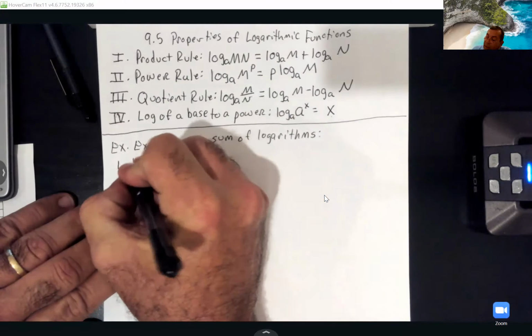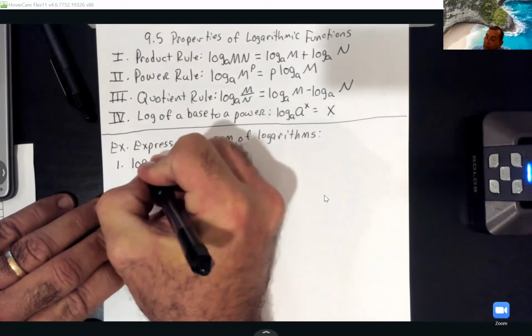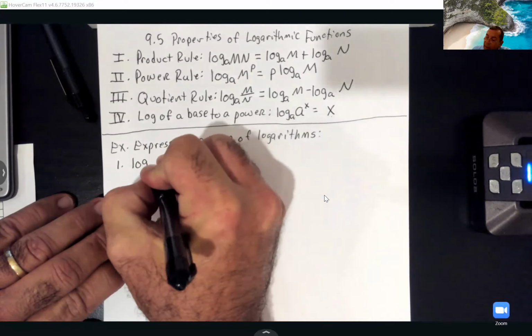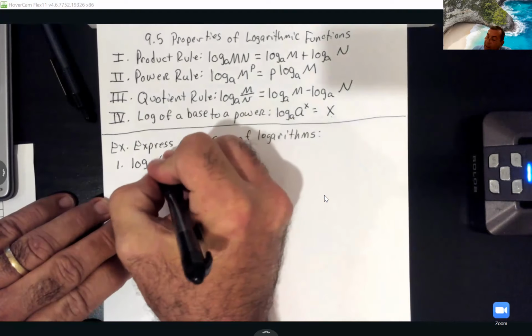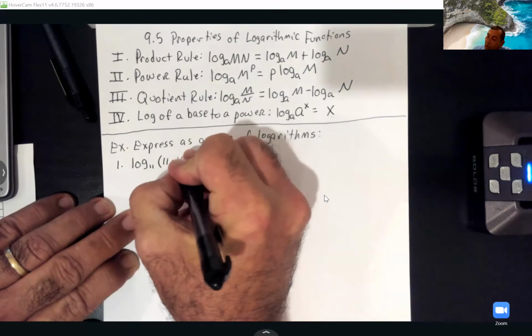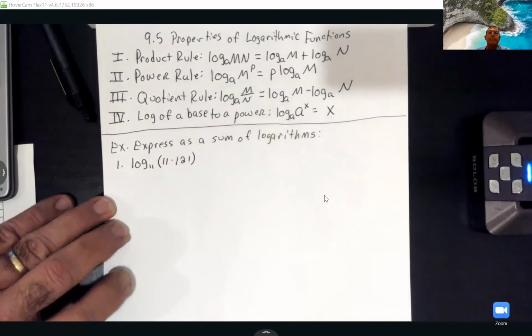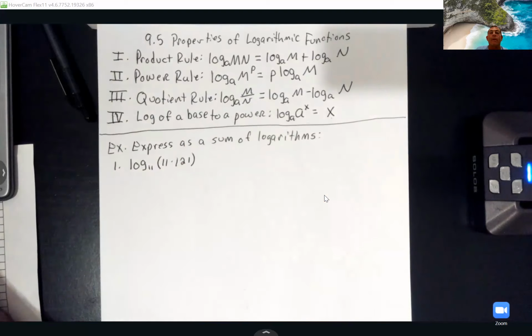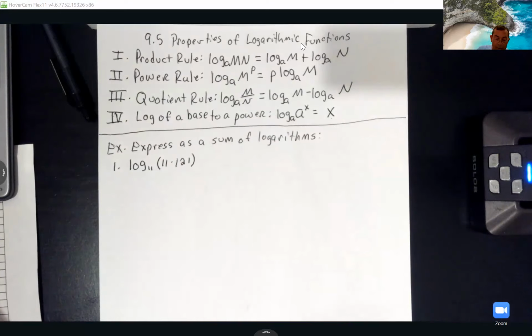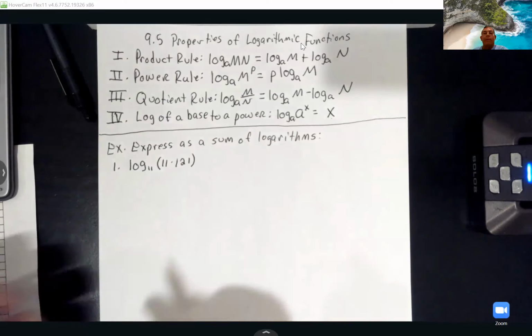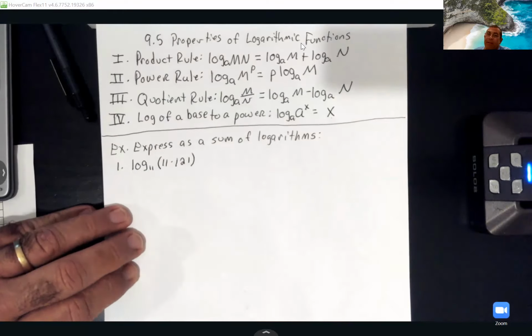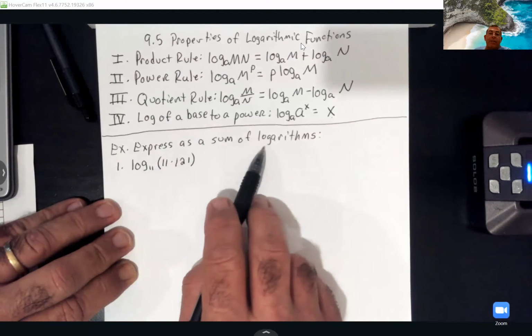So the first one, I got log base 11 of 11 times 121. Now, I don't have to simplify this one. They just want me to rewrite this as a sum.